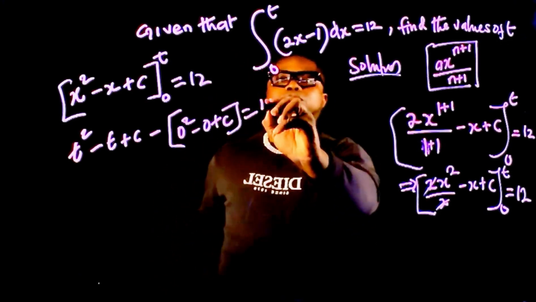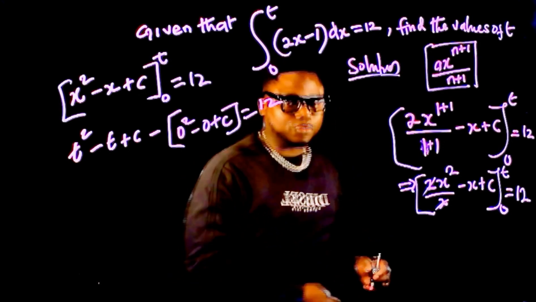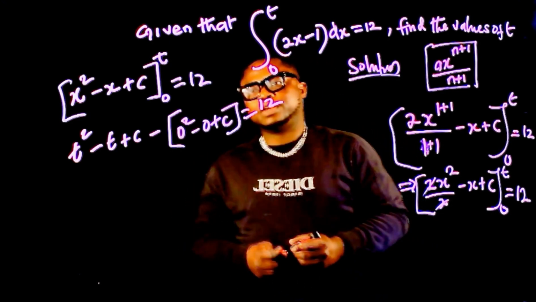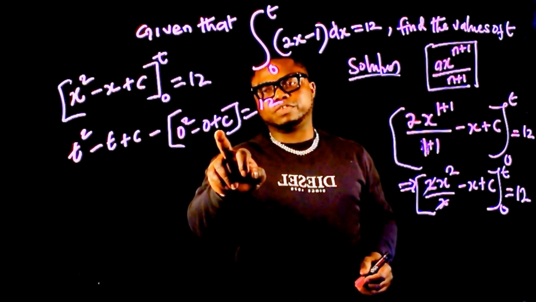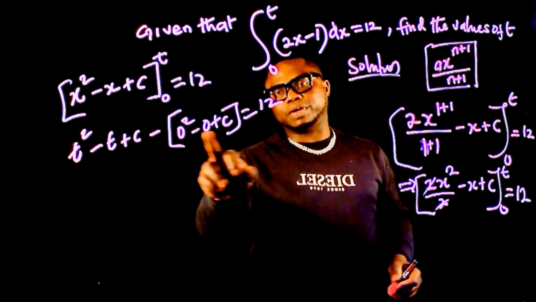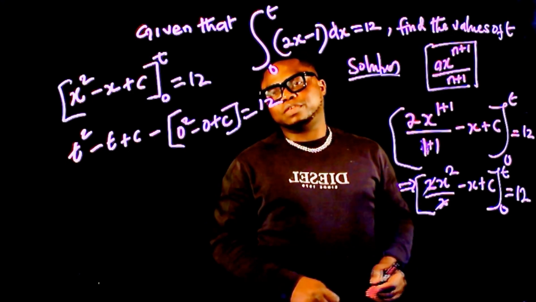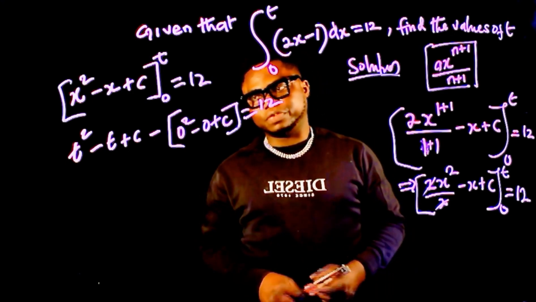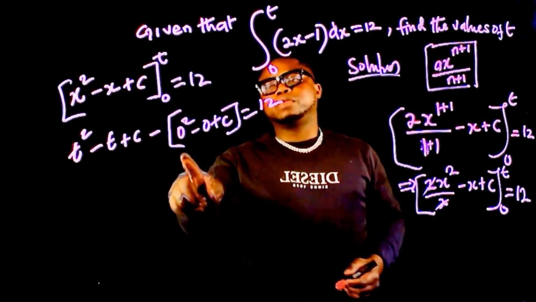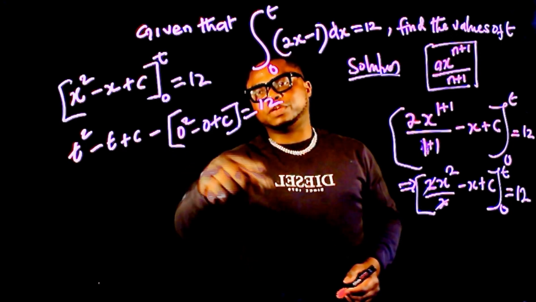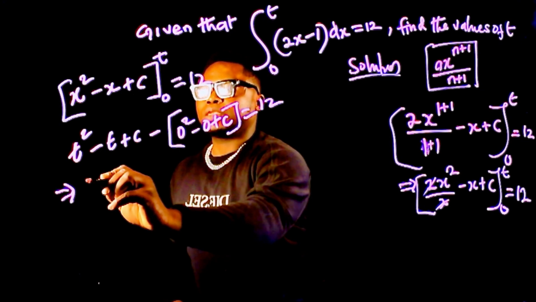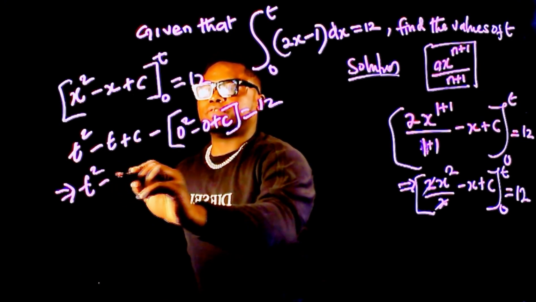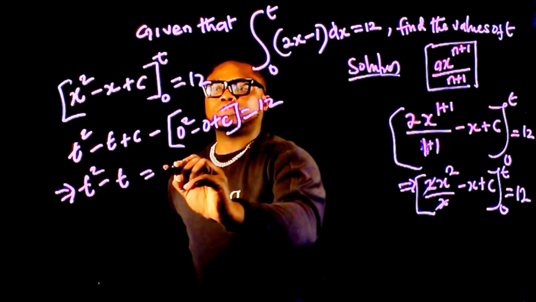Minus times plus is going to be minus, so it's going to be c minus c, that will be 0. So c is gone, the integration constant is gone, and 0 square minus 0 is going to be 0.